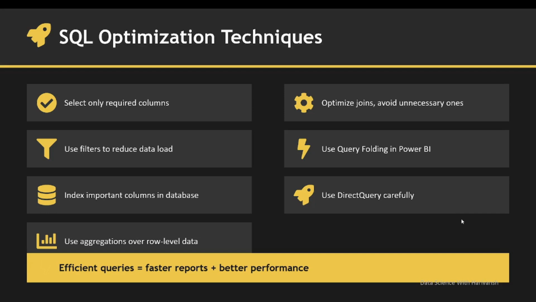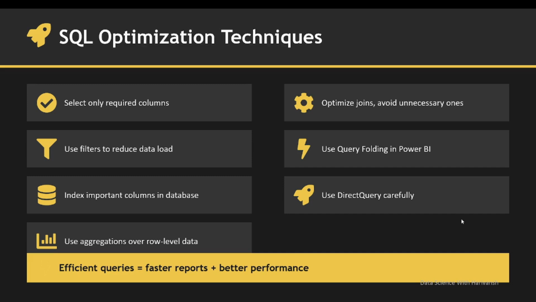This dramatically reduces the number of rows being transferred from the database to Power BI. Power BI's aggregation tables feature also allows you to pre-build aggregated tables in your model specifically for high-level summary visuals, so the engine can serve those visuals from the pre-aggregated table without scanning the full detailed data.